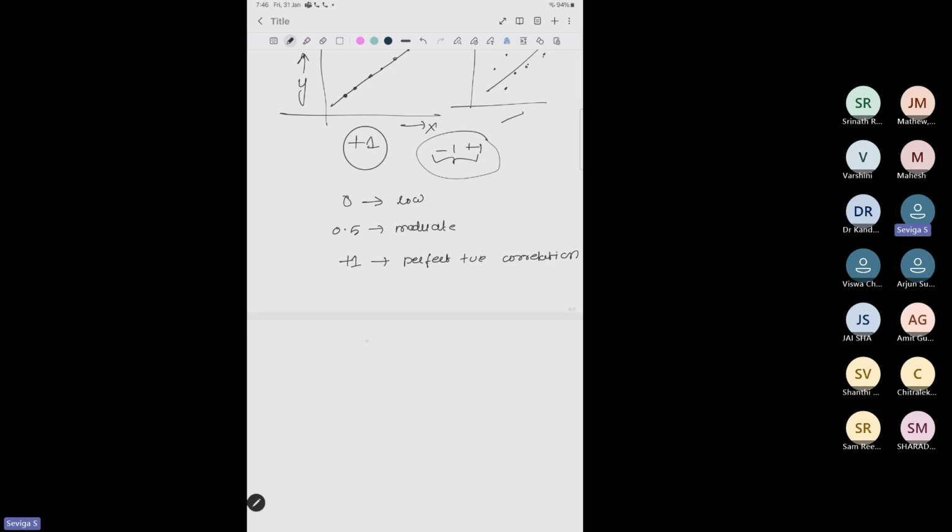Similarly, for a negative correlation, when it is near 0, we have a low negative correlation. When it is minus 0.5, it has moderate negative correlation. When it is minus 1, strong or perfect negative correlation.